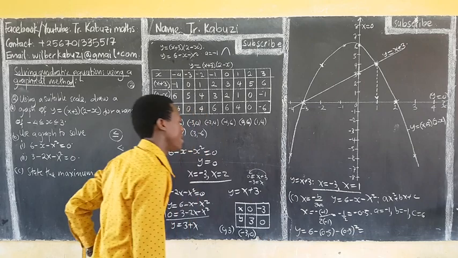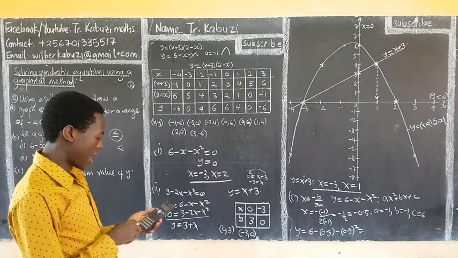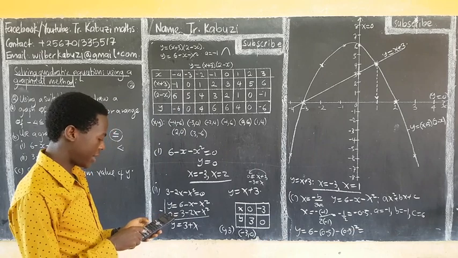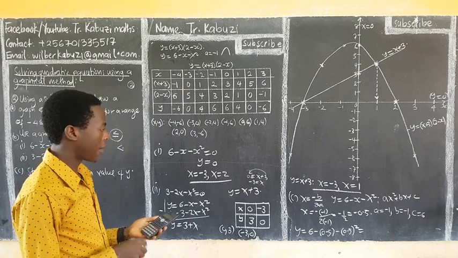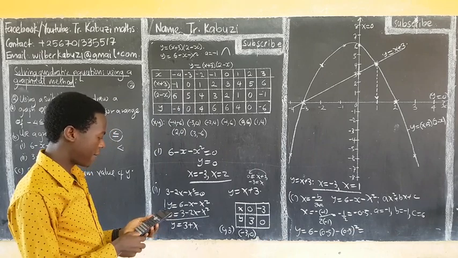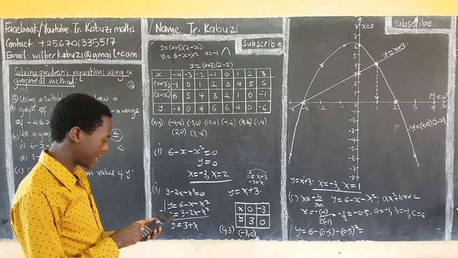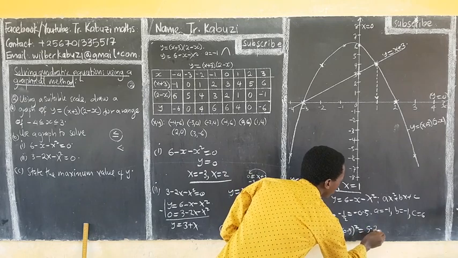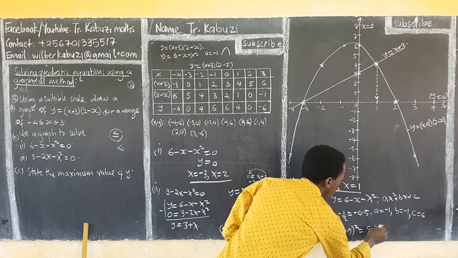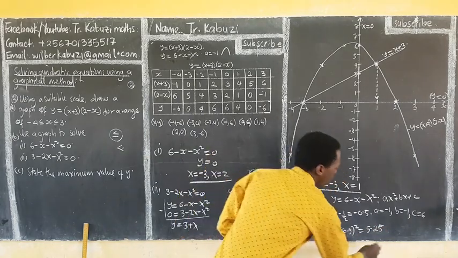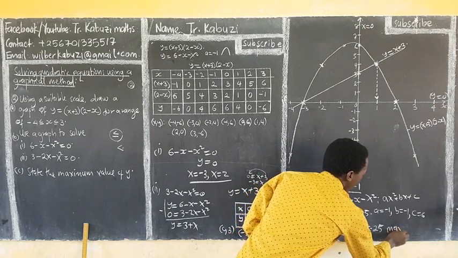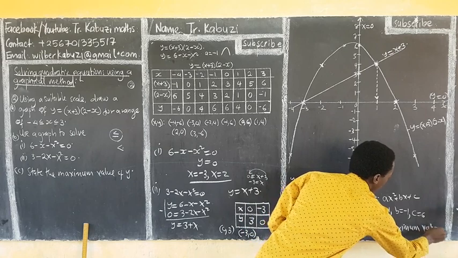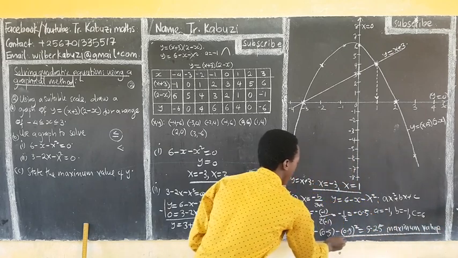That is going to be minus 0.5 squared, then minus 0.5, then plus 6. So this one is giving me 5.25. So this one is done. It becomes our maximum value. So that's what we have there.